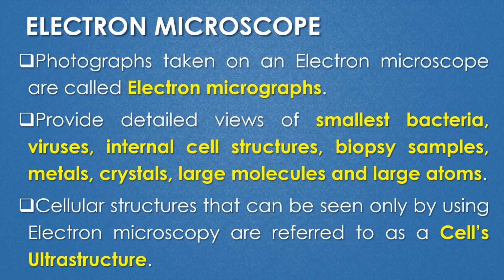The cellular structures that can be seen only by using the electron microscope are referred to as the cell's ultrastructure. We study the ultrastructure of various microbes like bacteria, fungi, algae, protozoa, and viruses. All the ultrastructures are studied with the help of the electron microscope.